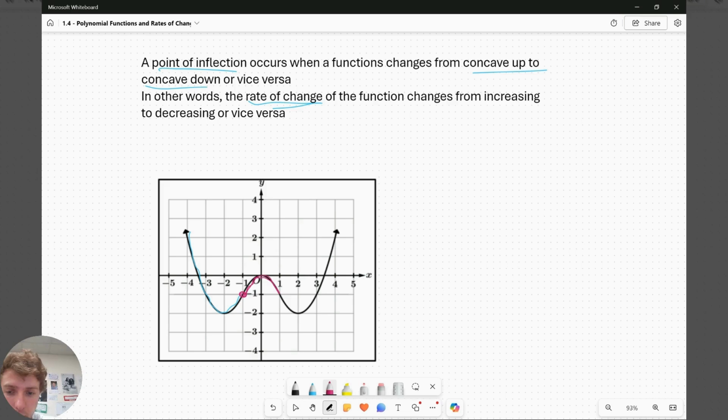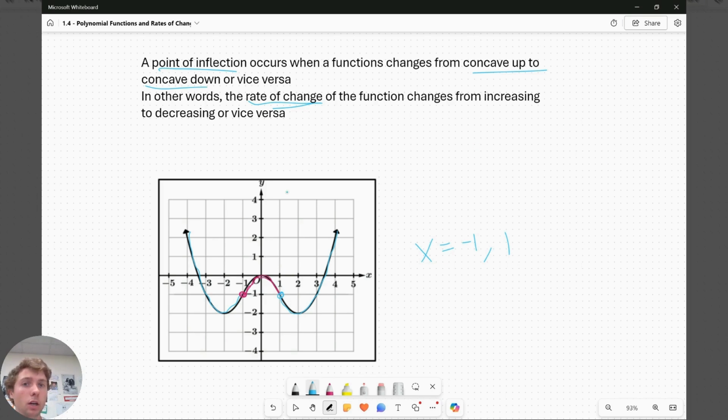But okay, as your graph was decreasing, now the rate of change is slowing down and turning the other direction, so it must be increasing now. So there must be another point of inflection. So 2 points of inflection in this case, one at -1 and one at +1 for the x values. Again, the reason we know that is it changes from increasing, from concave up to concave down or vice versa.